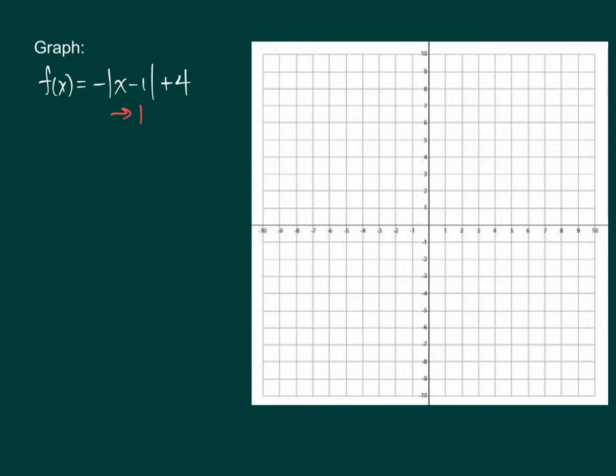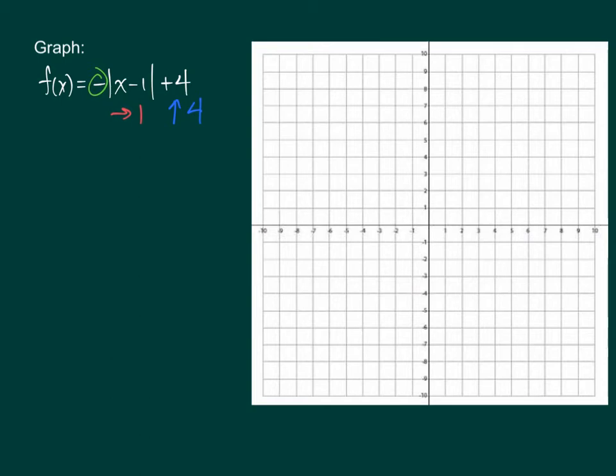Then, if you see a number outside, that tells you to move up or down. And if it's a positive number, you're going to move up that many units. So this graph is going to go right 1 and up 4. And then we've got this one last little piece of information here. This is a negative that's being multiplied.